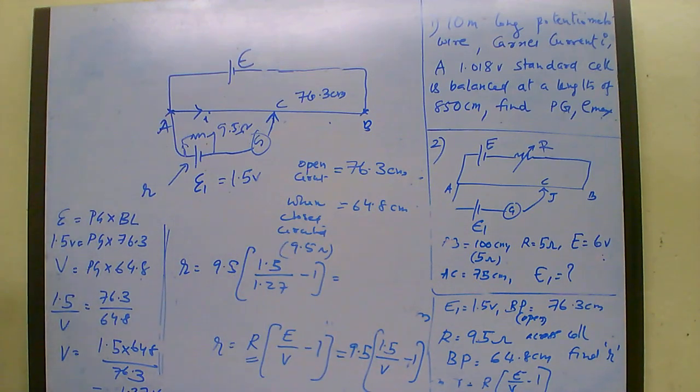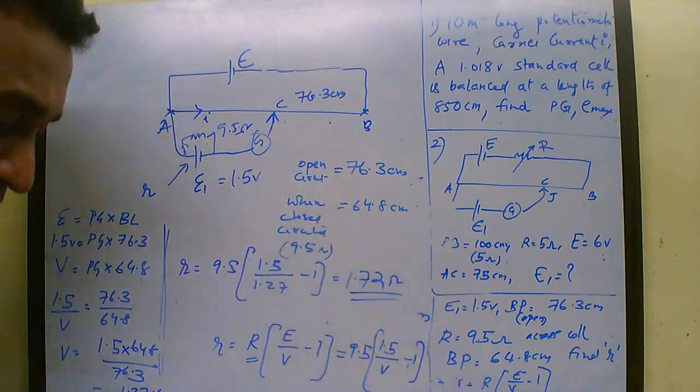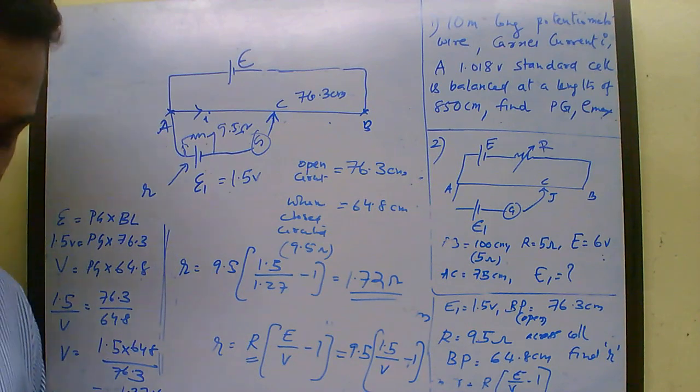So r will be equal to (1.5 divided by 1.27 minus 1) multiplied by 9.5, which will be equal to 1.72 ohms. So this is the internal resistance of the cell.